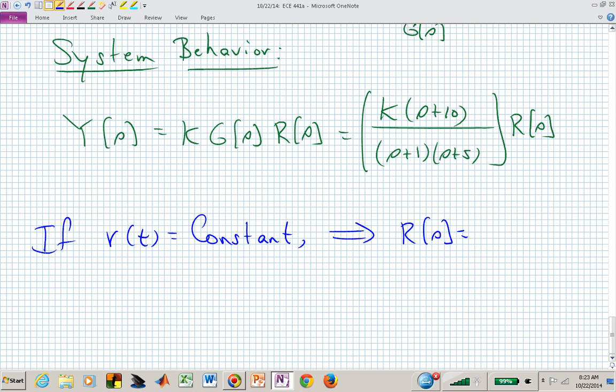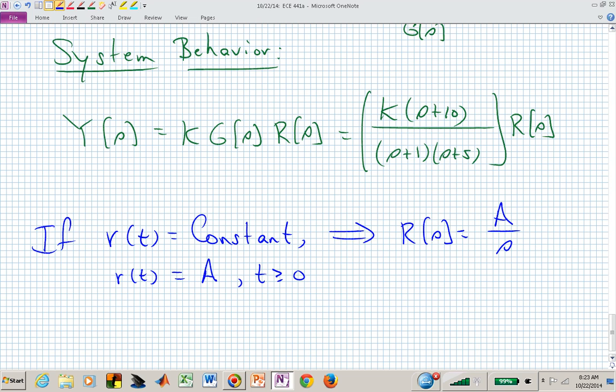That's a step, isn't it, of some magnitude. We maybe didn't say it's a unit step, but now it looks like A over s in the frequency domain. If this constant was A for t greater than or equal to 0, that's our r of t. That now produces, in the Laplace case, A over s.